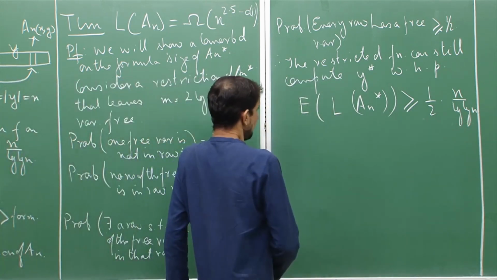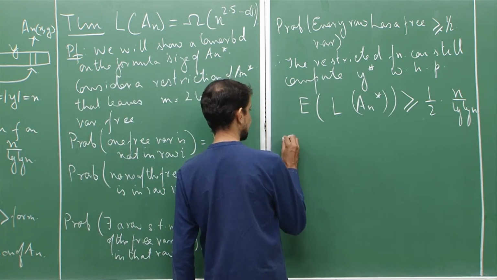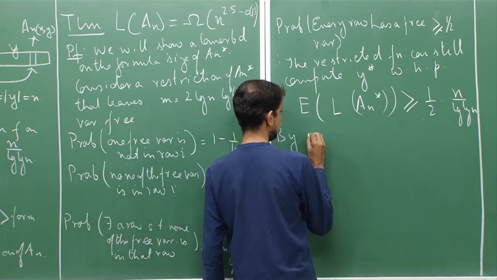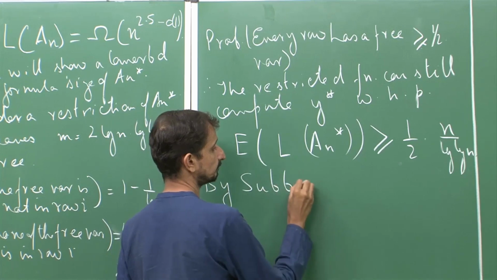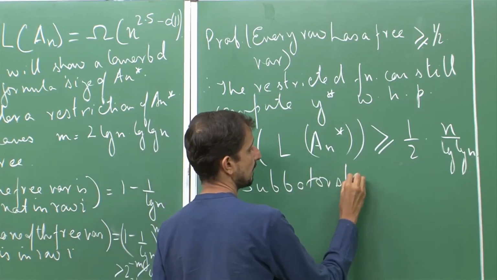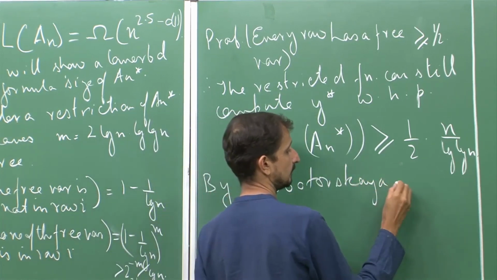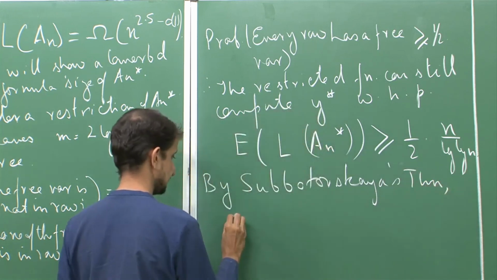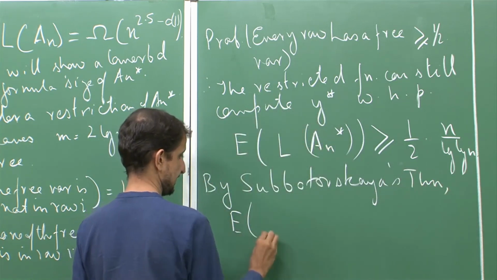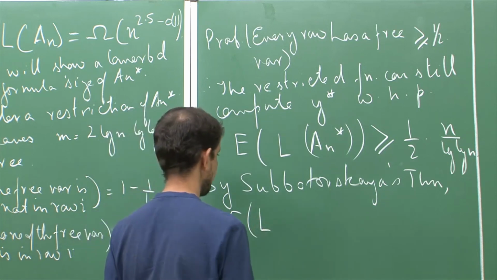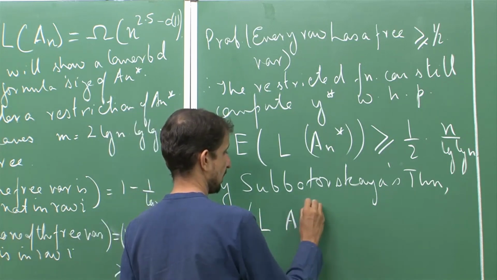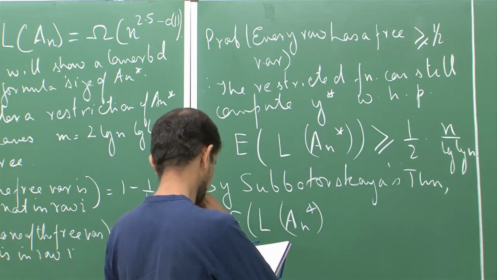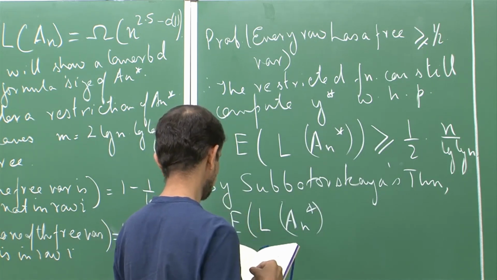Okay. But now, this is one direction, but what we have by Subbotovskaya's theorem is an upper bound on the expected value of L of A n star.